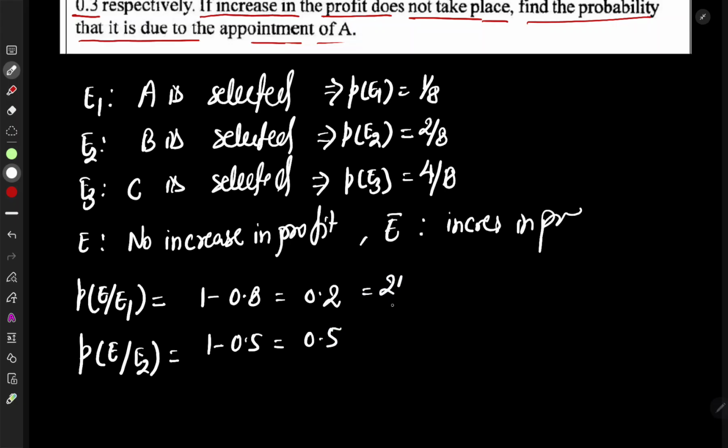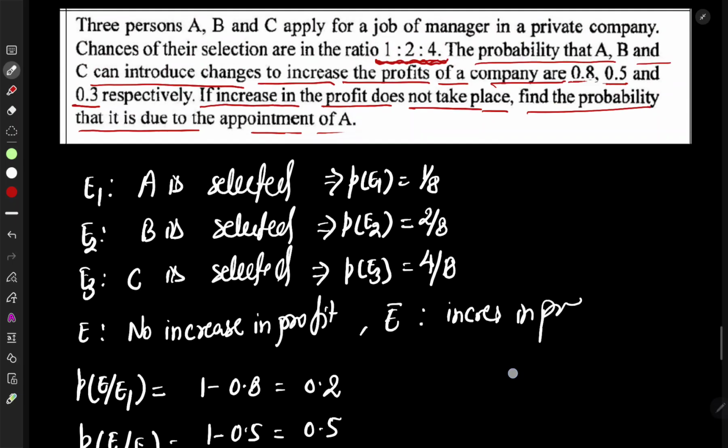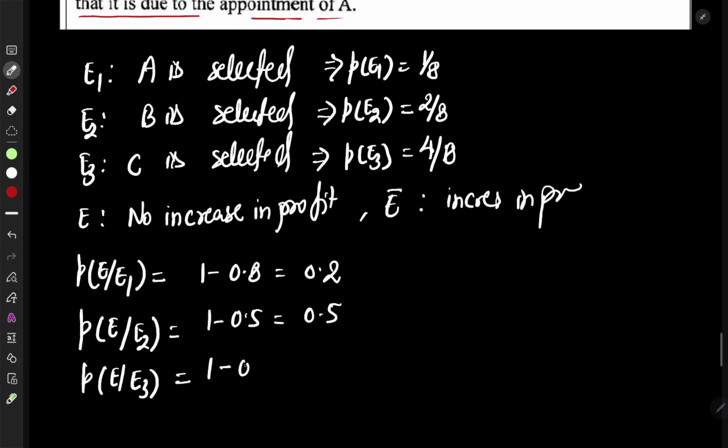You can write it as 2 by 10 if you want. Similarly, P of E when E3 has already occurred, through E3 it is 1 minus 0.3, so it is 0.7.